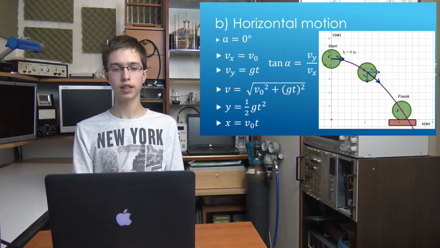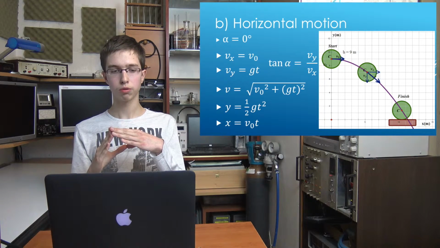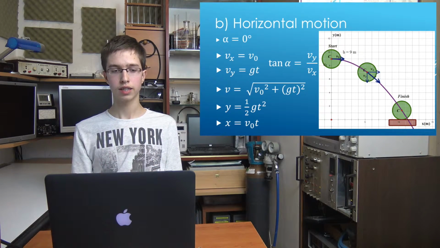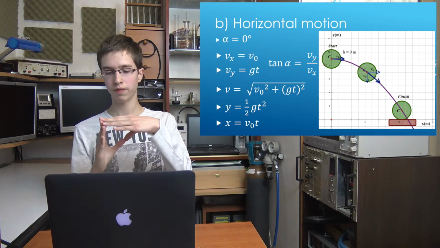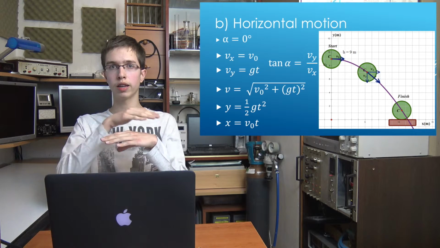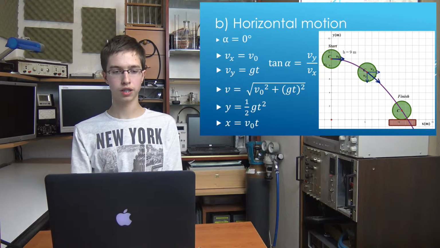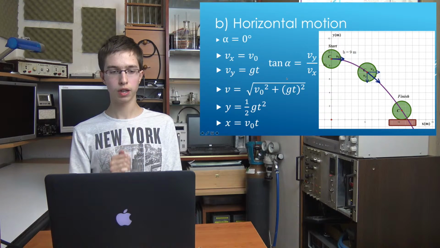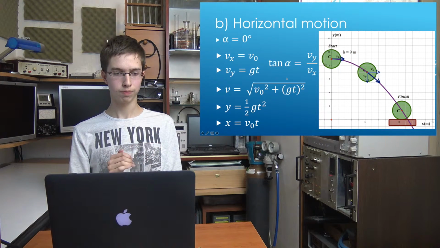And from the right-angled triangle we could see these relations, such as that tangent alpha is v in y direction divided by velocity in x direction, and after the Pythagorean theorem we get this one formula, the third one.